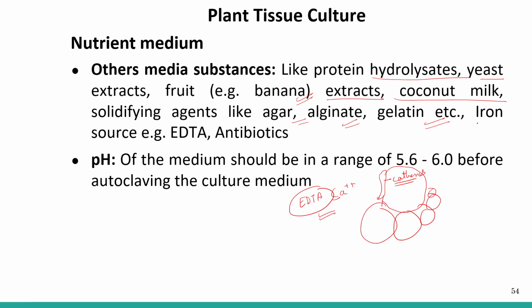So for this iron source, EDTA is required. The pH of the medium should be in the range of 5 to 6 before autoclaving the culture medium.